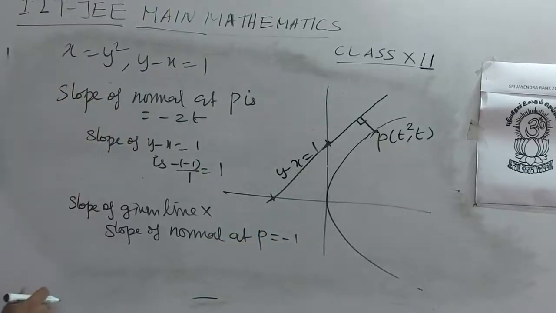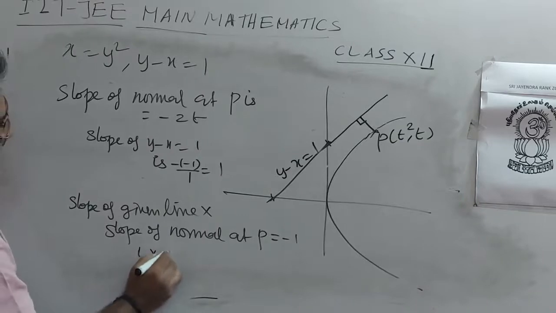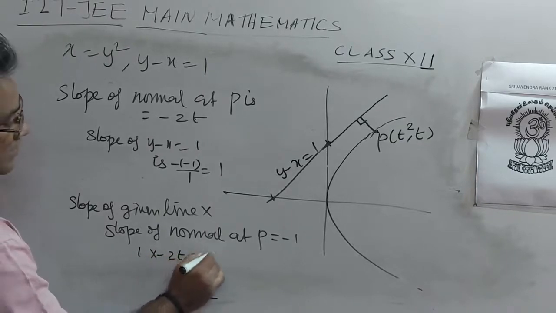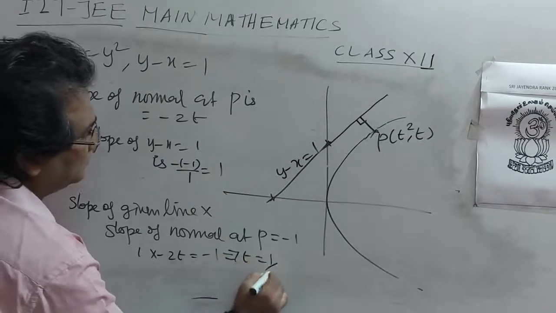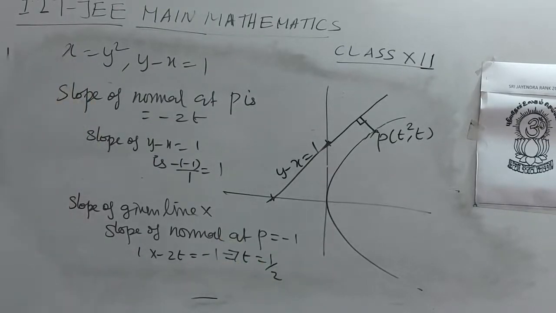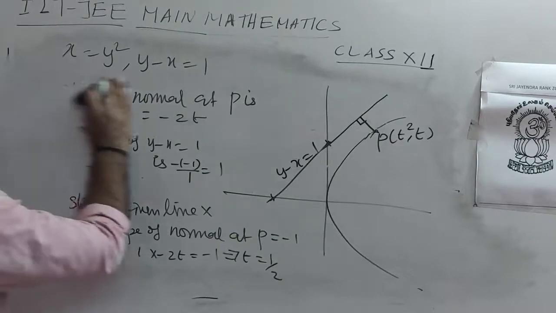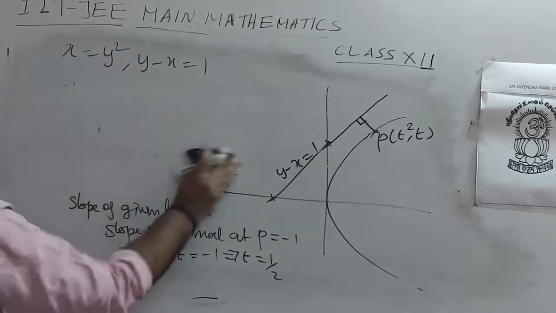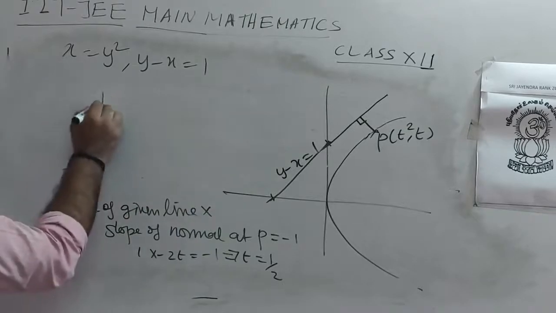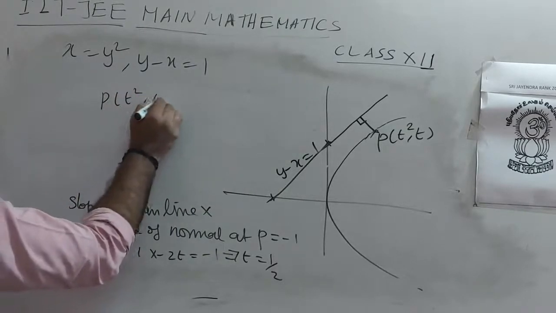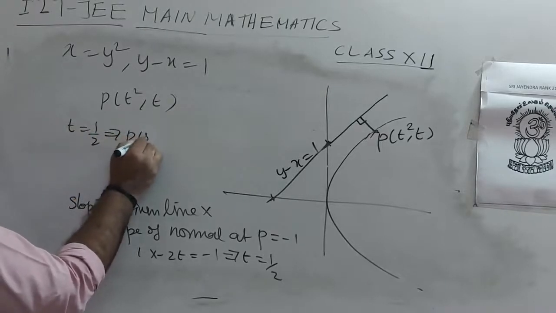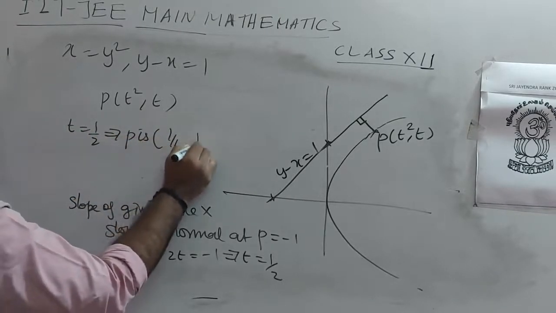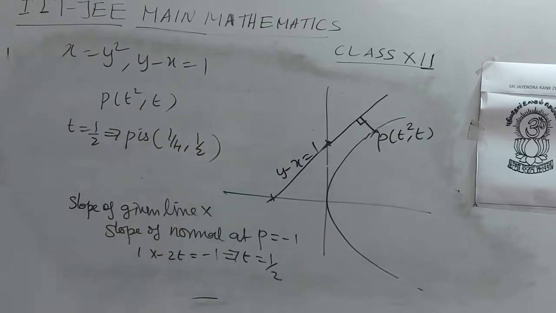So 1 into minus 2t equal to minus 1, which implies t equal to 1 by 2. So P is t squared comma t, which is 1 by 4 comma 1 by 2.